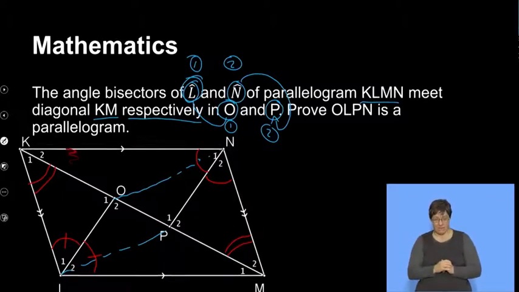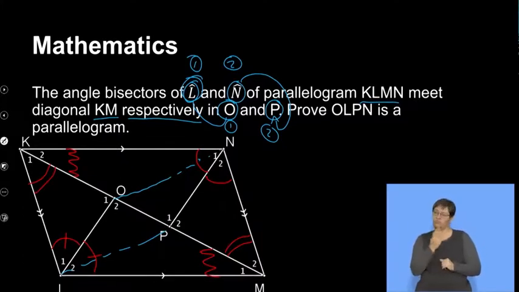And also this one here will be equal to the angle that it makes with the same transversal with the parallel line, which is M1. So these are the things that I know so far.